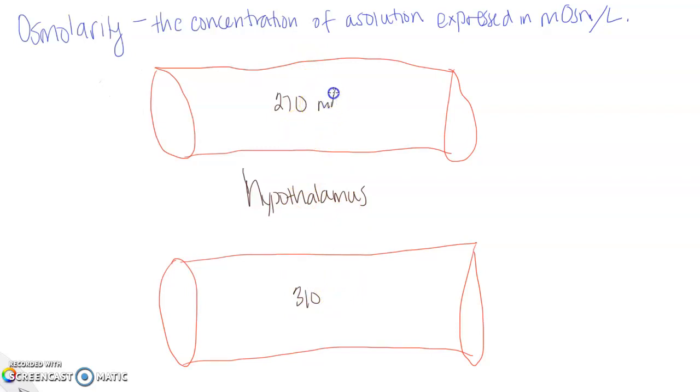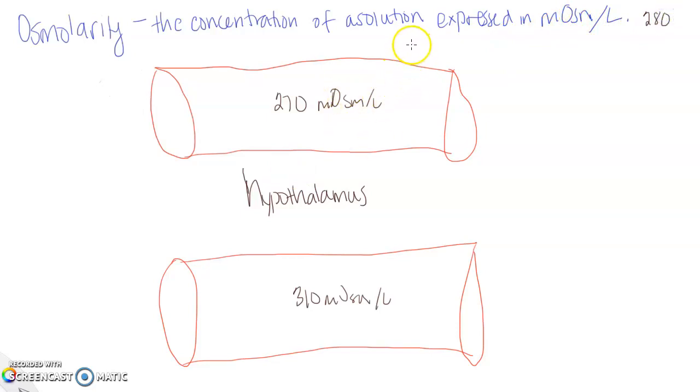So the ideal osmolarity number is at about 280 milliosmoles.